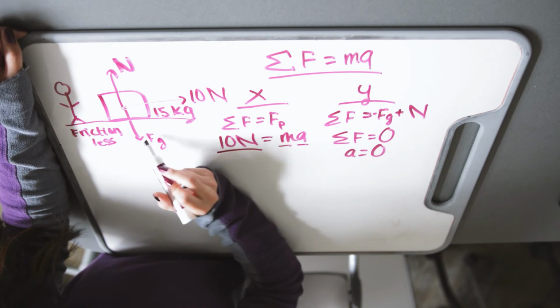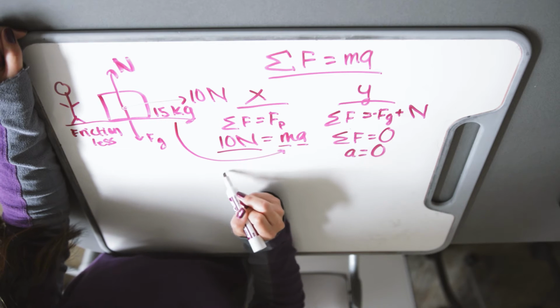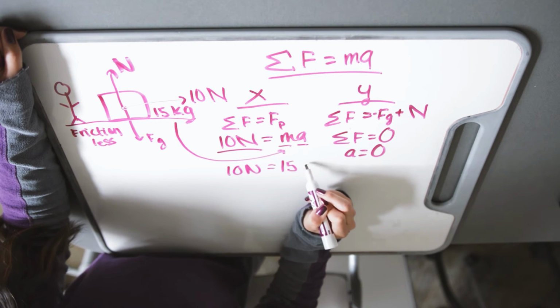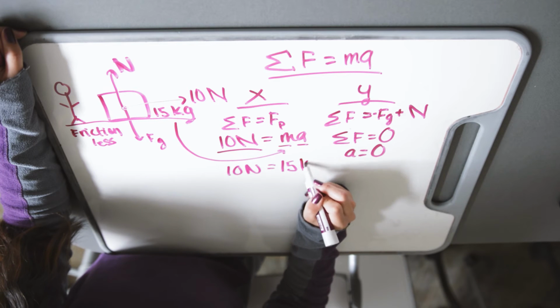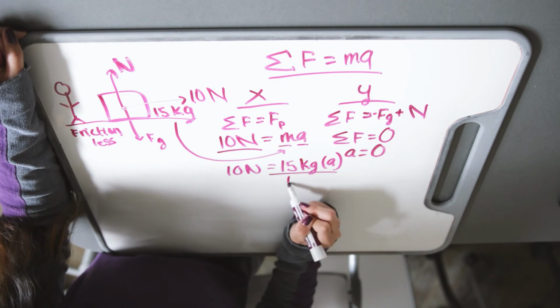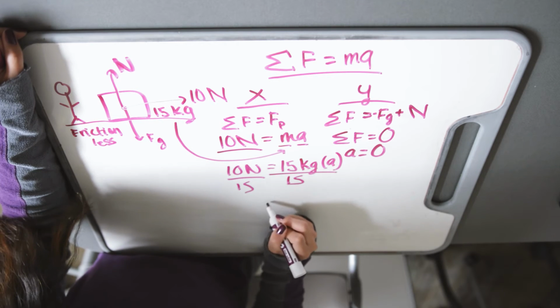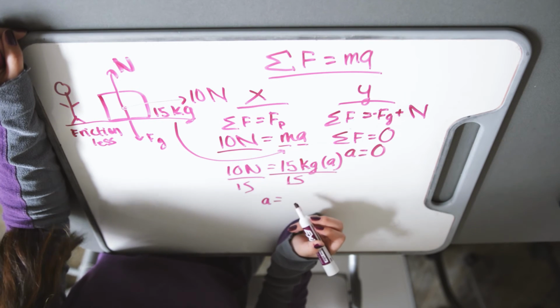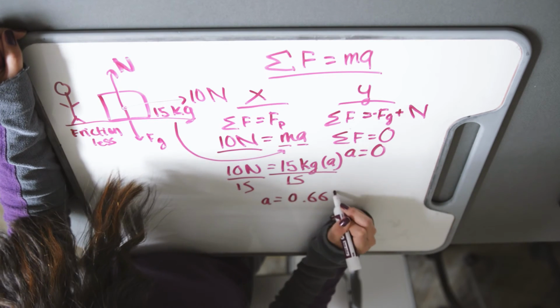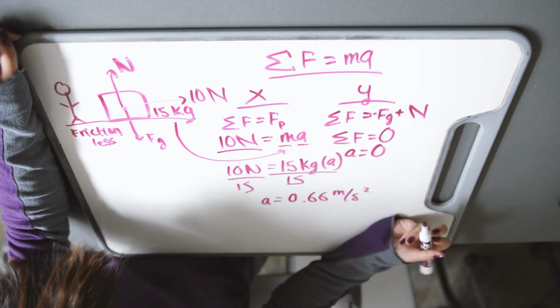We can substitute the mass of the box into the equation and make 10 newtons equal to 15 kilograms times the acceleration. You can divide by 15, and the acceleration will end up being 0.66 meters per second squared.